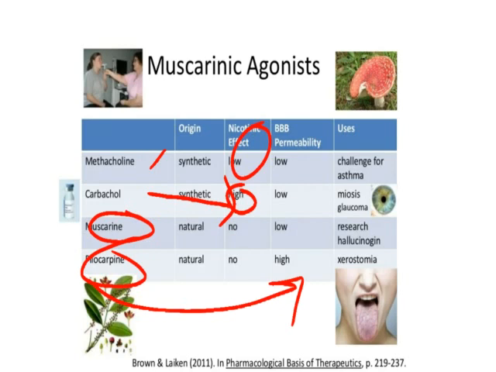Muscarine is used in hallucination, while pilocarpine is used in xerostomia. So I am only giving you a brief introduction regarding the different receptors and agonists. In later lectures, we will go deeply into the agonists, their structure, and the SAR. All these things we will cover in detail afterwards. Now I am only going through the introductory part regarding these agents.